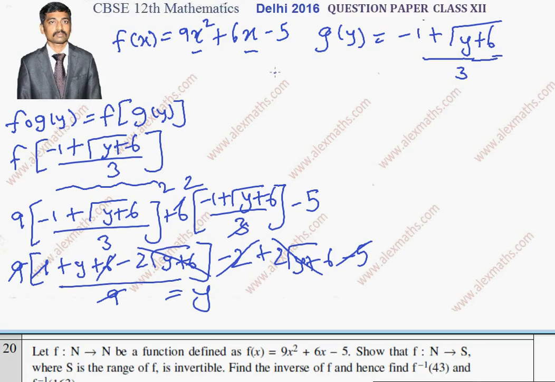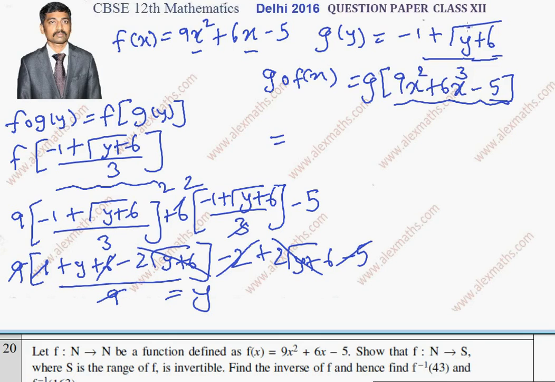Now in the same way I am going to do g of f of x, which is nothing but g, copy the f of x function, which is 9x square plus 6x minus 5. Now this whole thing is considered as y, and we have to substitute here. So minus 1 plus root of 9x square plus 6x. If I put minus 5, already plus 6 is there. So plus 1 I will get whole divided by 3.